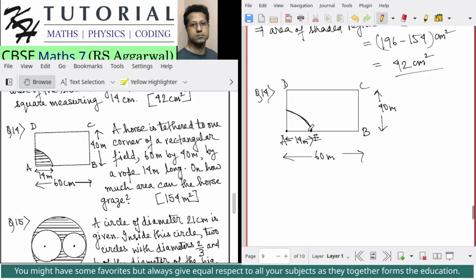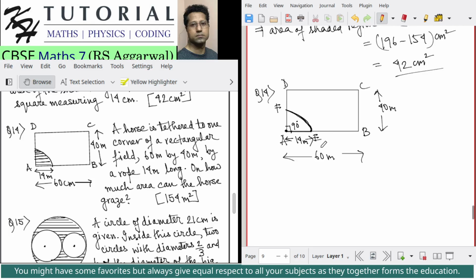This sector is part of a circle whose radius is AE, that is the length of the rope, and A will be the center of the circle. Let's say this is F. The arc FE is making an angle of 90 degree at the center of the circle.